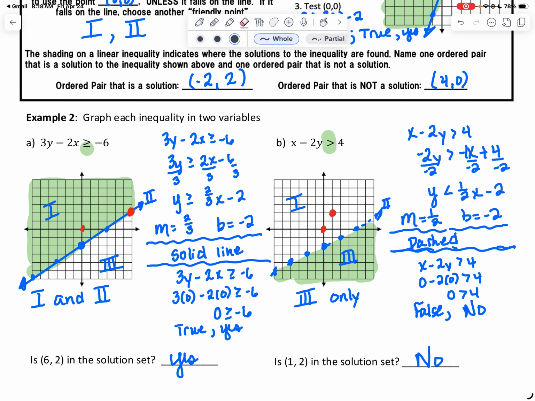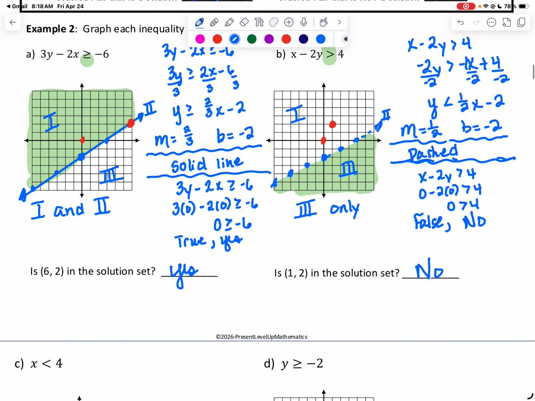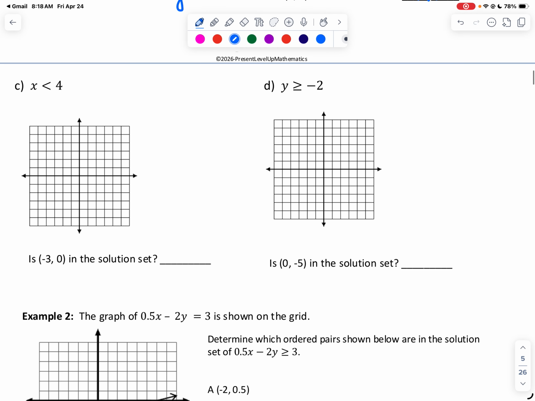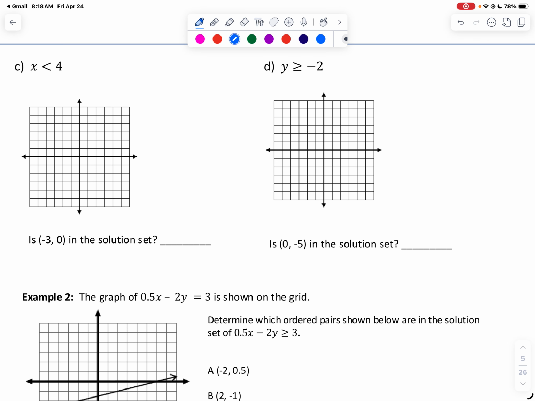All right. Now let's look at some special types of lines that I think you might need a little review on, because I believe you've seen these in previous lessons. But in problem C, we have x is less than 4. So here's your x-axis. 1, 2, 3, 4. Here's x equals 4. If you sketch this line, let me have you write this down.